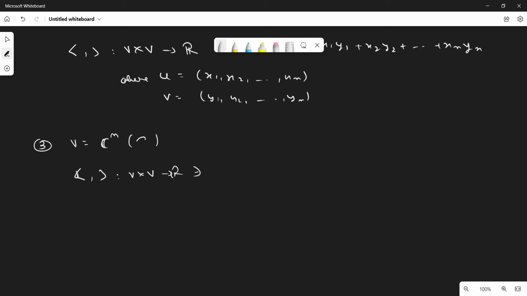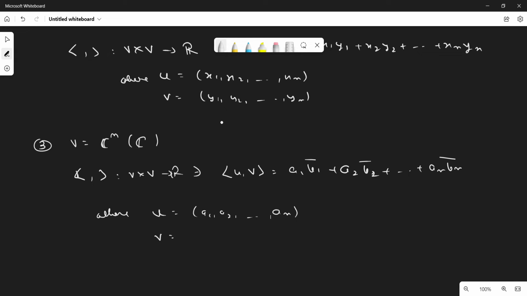So let this be C such that ⟨u, v⟩ can be written as a1 b1 conjugate plus a2 b2 conjugate and so on till an bn conjugate, where you choose u as a1 a2 till an and v as b1 b2 till bn. Clear?